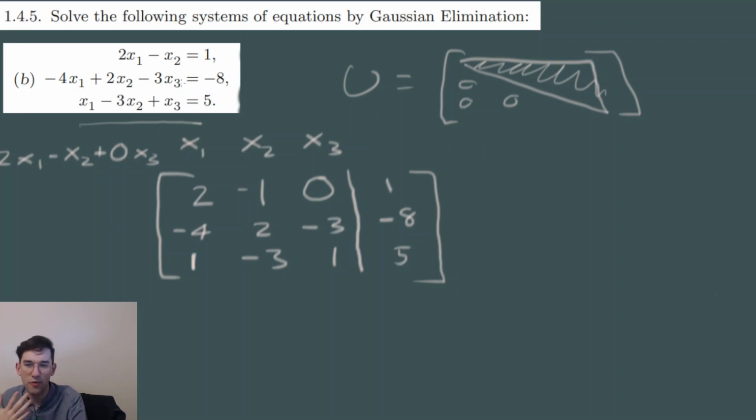When we do that, we have to add the other side of the equation as well. So we can't forget what this is equal to. If we add the first equation to the third equation, we have to add the other side of the equation to the other side as well to keep things equivalent. Okay, that's why we have an augmented matrix.